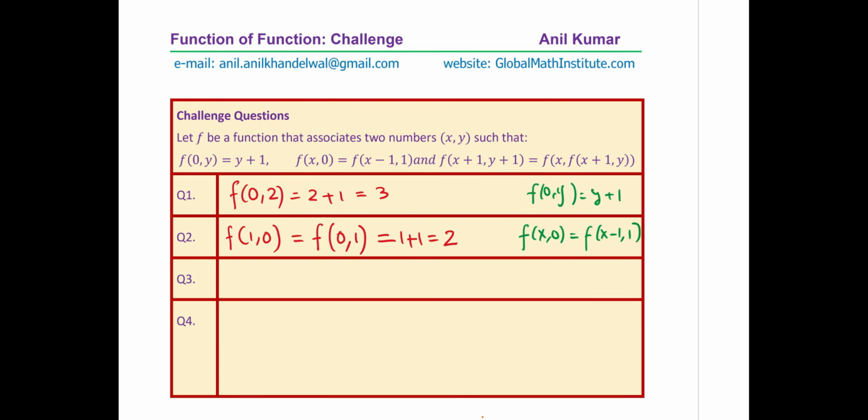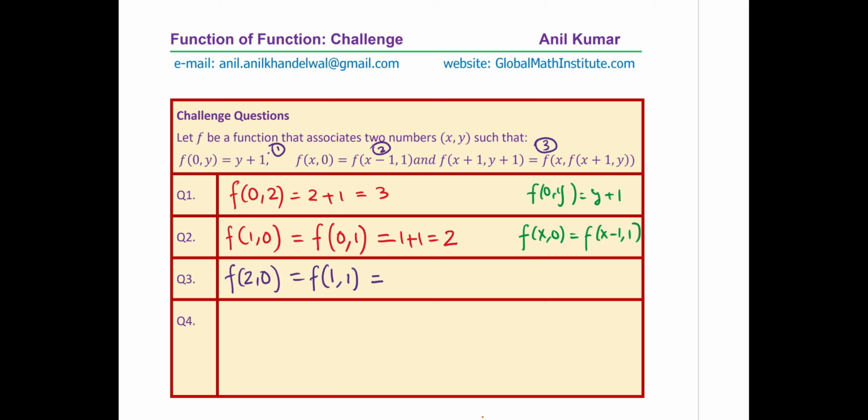So for f of 2, 0, we can use the second formula. So let's call this formula 1, formula 2, and formula 3. So we use the second formula, where the x value reduces by 1 and the y value becomes 1.